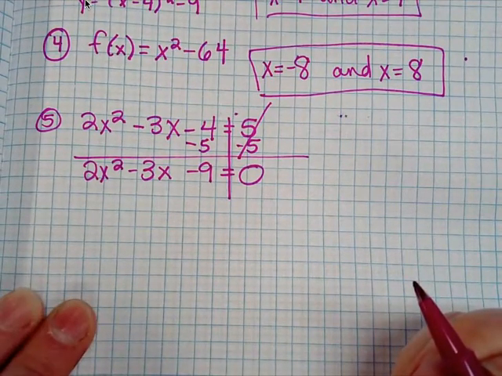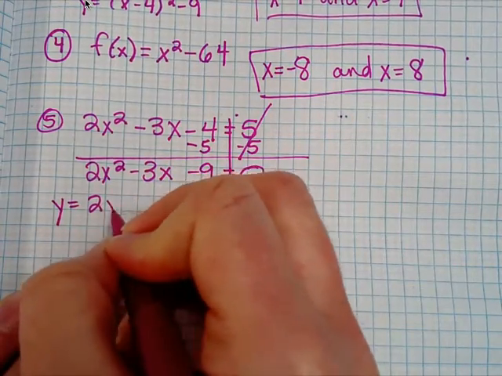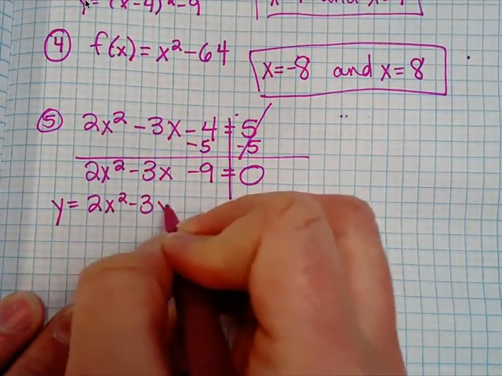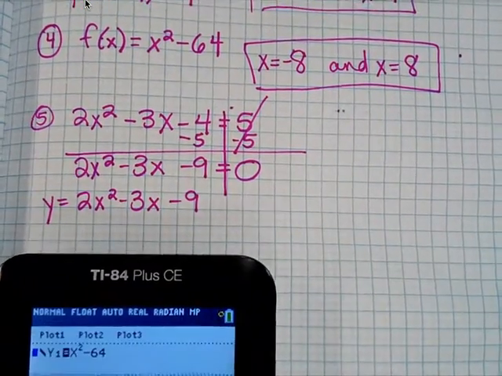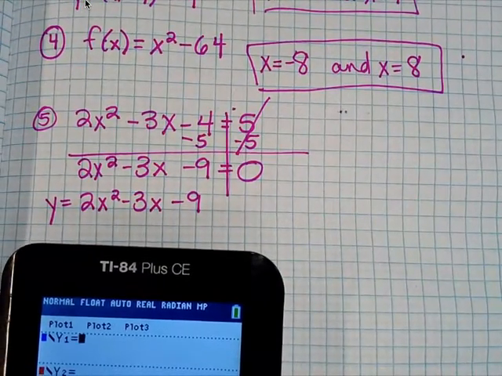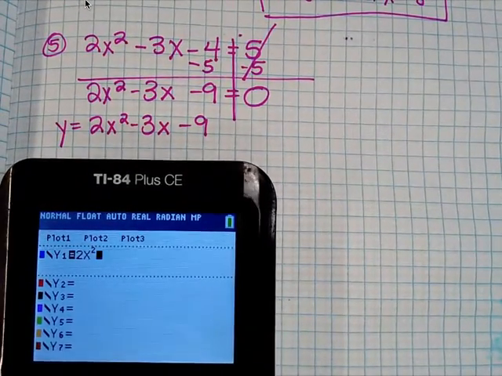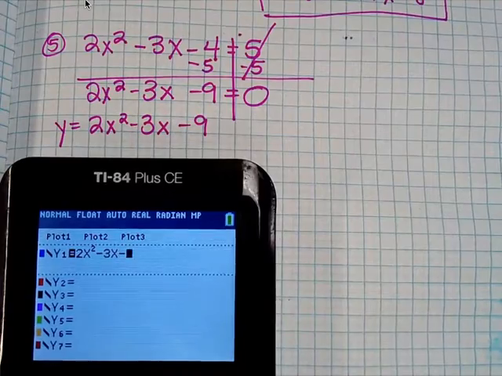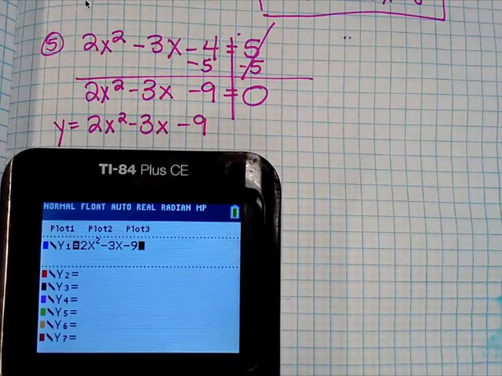So once we solve it for 0, we can just write it as y equals. Put it into y equals.